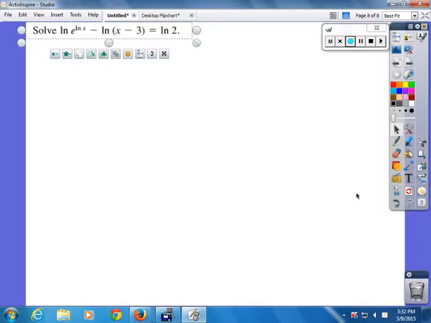But some people don't like to use natural log. Like me, I like to use log because that's the way I learned it. So I'm going to change these to log base e and then see what we can do. So take a minute and do that. If you want to leave it as natural log, that's fine. I need to call the roll so y'all can run out of here like a bat out of Hades.